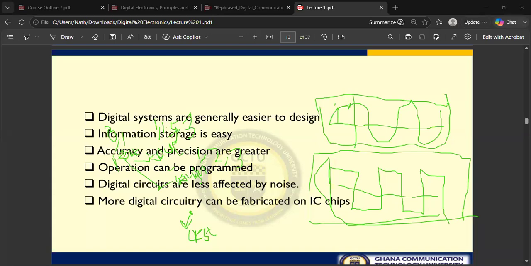another one is synchronization. So in digital systems, the function of one component depends on the function of other components. So all the components must be in sync. They must work simultaneously to get the output at the receiver, right?